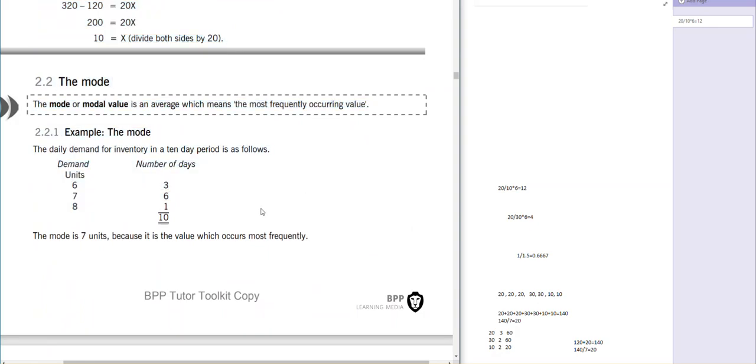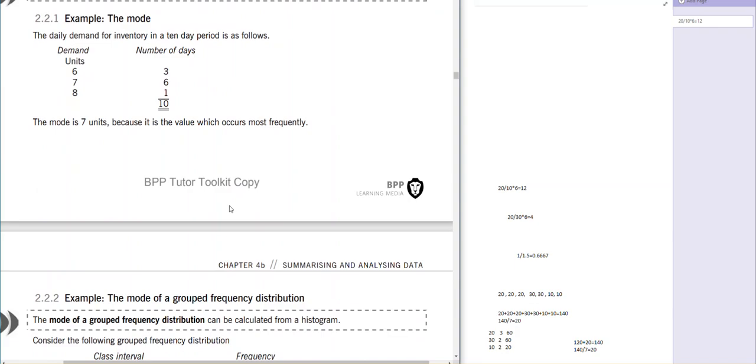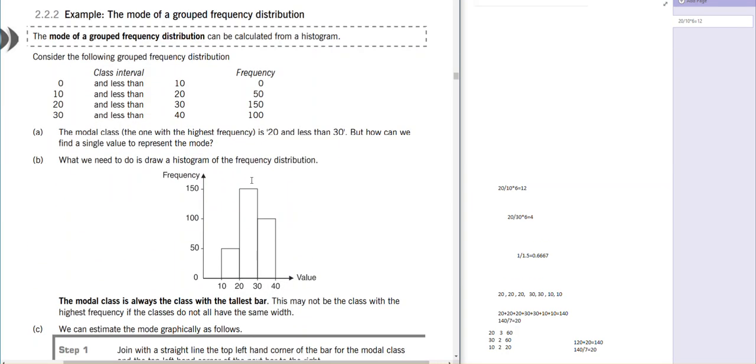Okay, next we have mode. Modal value is an average, which means the most frequently occurring value. Like we have demand units, we have 6 units, which happens 3 times, 7 units happens 6 times, 8 units happens 1 time. So 7 is the most frequently happening, so it is the mode. It can be represented on a histogram as well, bar charts as well.